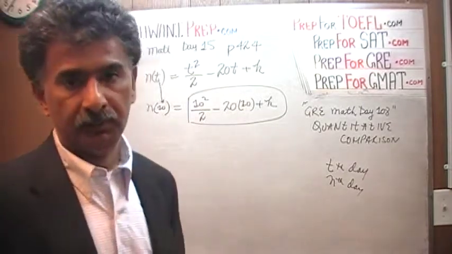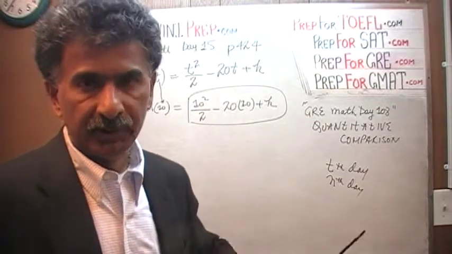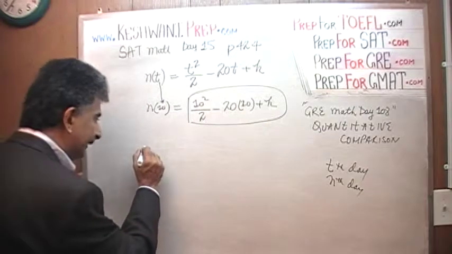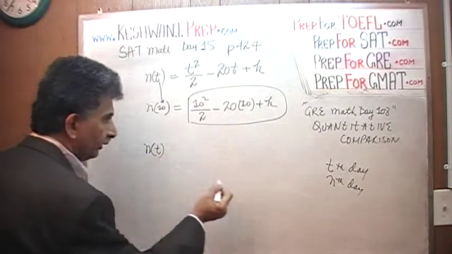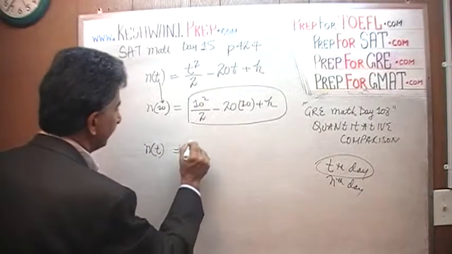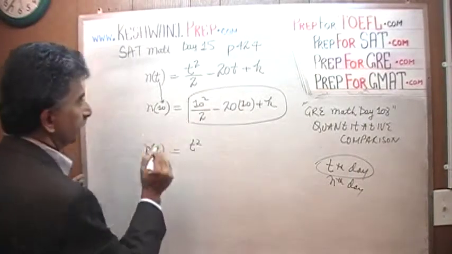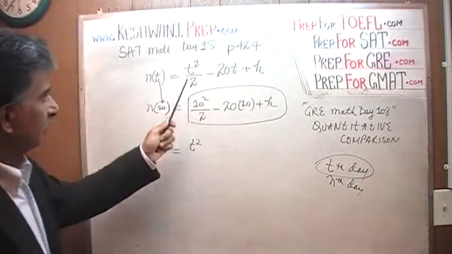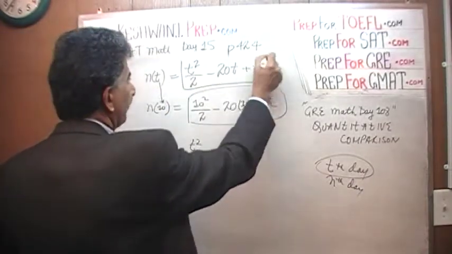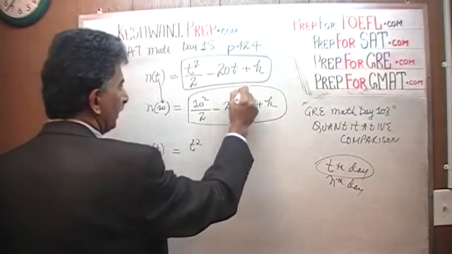They're using t for time, the time variable, which is measured in number of days. So now on the tth day, the number of bees that we have in the hive is t squared over 2 minus 20t plus k, which is right here. Which means the number of bees on the tth day is this quantity. This quantity has to be the same as this quantity right here.